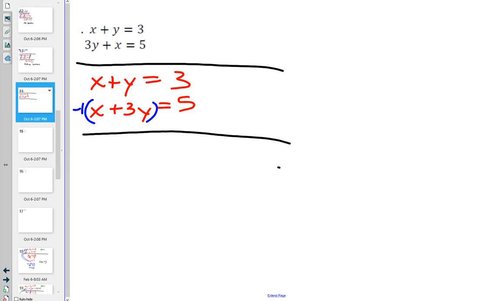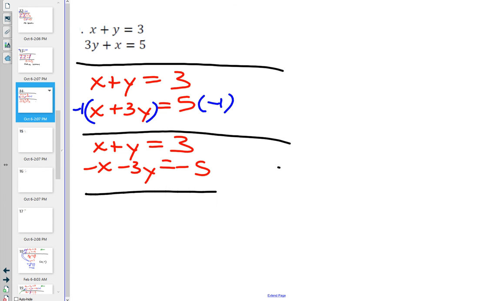So you can multiply by -1 like we did earlier today to make the signs different. So the top equation stays as x plus y equals 3. On the bottom, they all change signs. So the x's cancel. y minus 3y is -2y, and that's equal to -2. When we divide by -2, y is 1.